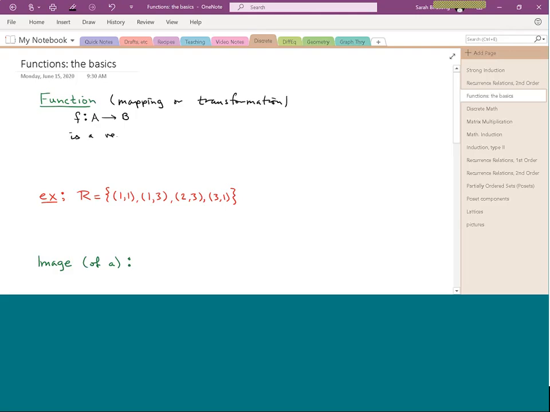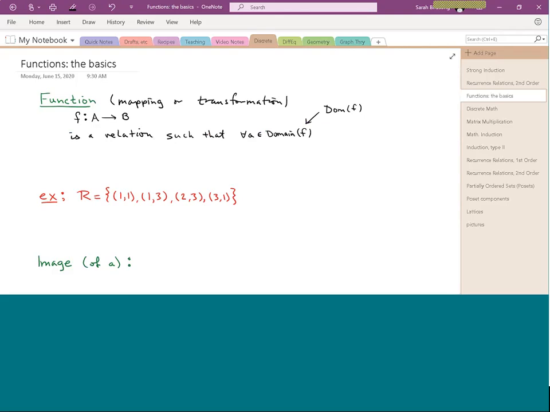A function is a relation such that if you pick any element inside the domain of your function, technically speaking, the symbol for domain is typically the abbreviated DOM. I am assuming that we're all comfortable with what the domain of a function is.